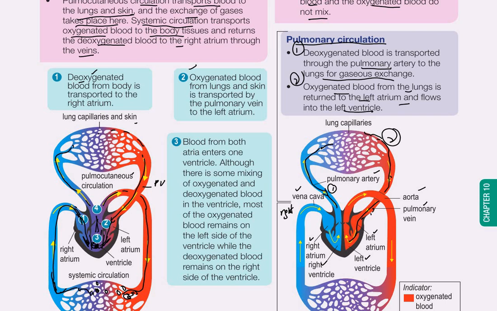Okay, and then the blood will flow to the left ventricle. Usually atrium refers to the upper part, and ventricle to the lower part. So from the atrium we go to the left ventricle. Then what happened?